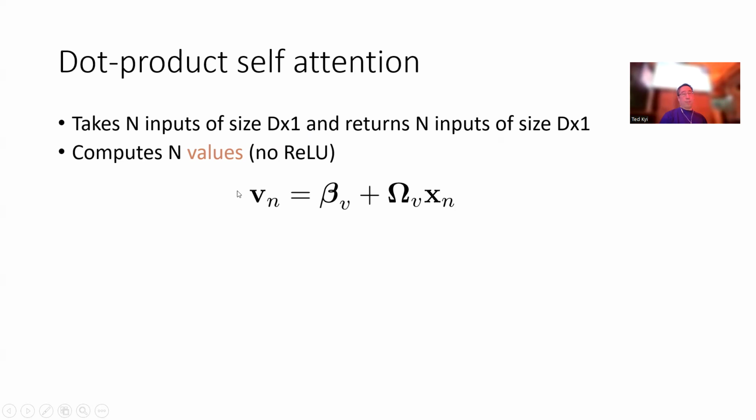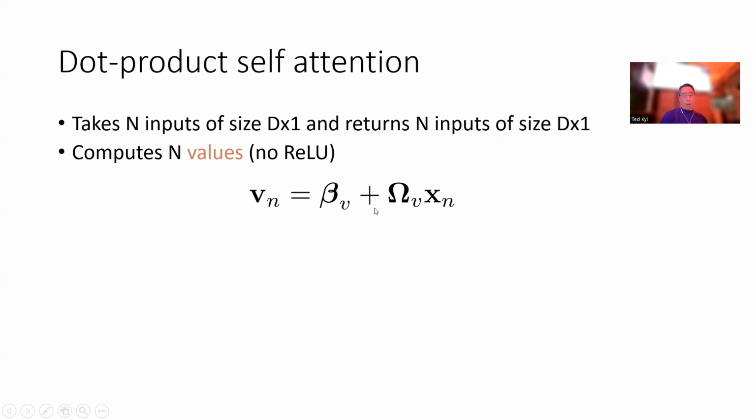However long your input is, we're going to get an output for every single one of those. And then in standard neural network notation, basically your inputs are your x's. We're going to have n of them. So x is technically going to be an n by d matrix.